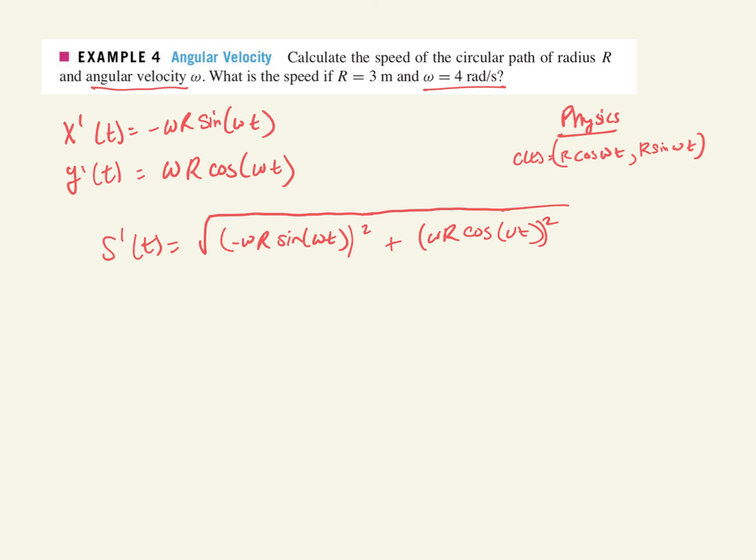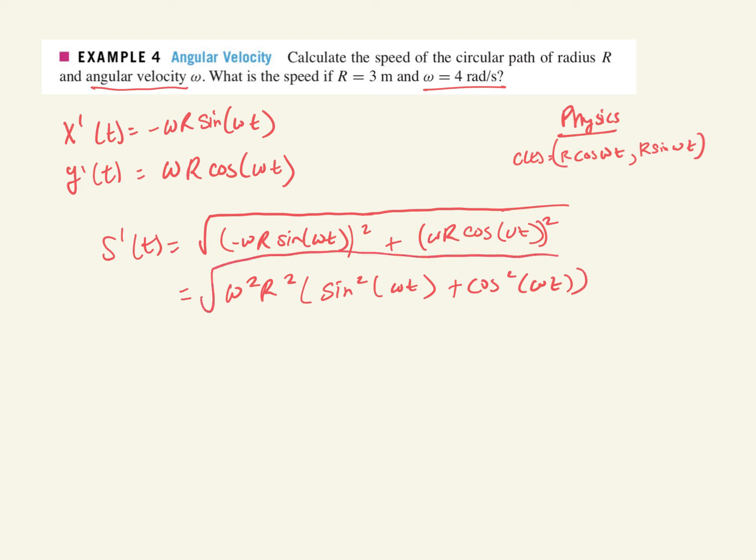Right? And what happens here? We have omega squared, r squared, and then we have our sine squared plus cosine squared when we factor under the square root.